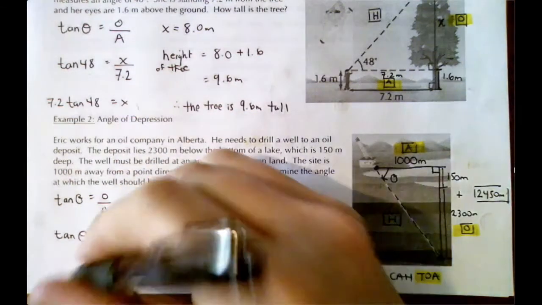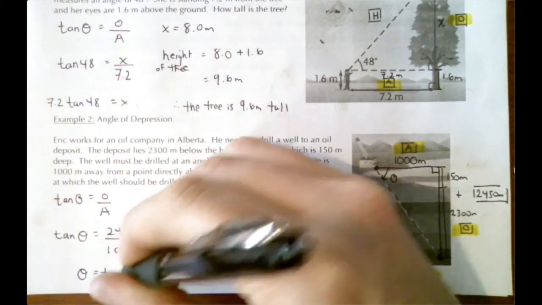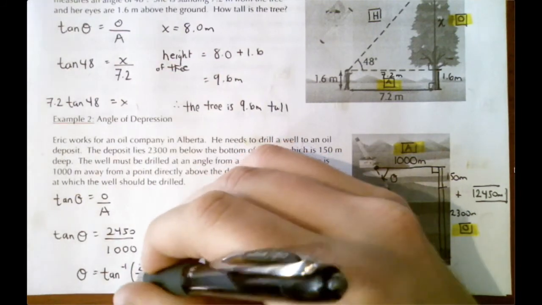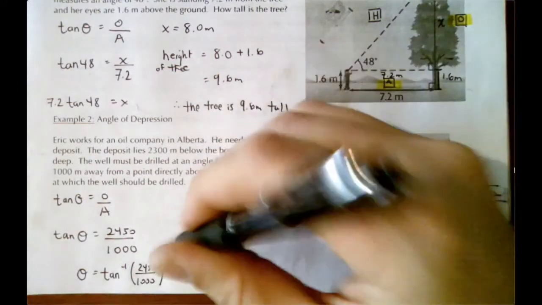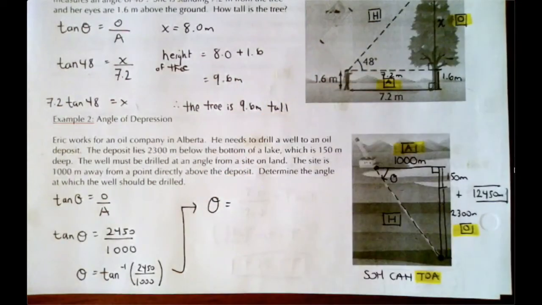And if we want our angle, remember from our last lesson, we have to use tan inverse. 2,450 divided by 1,000. And we can check to see what we end up with.